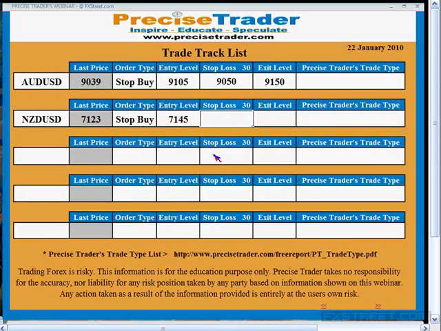This is a stop buy order with 71.05 as our stop, with 71.95 our exit target. So this again is 50 pips, and the risk is about 40, which is then I think a ratio of 1:1, right? So these are the two potential trades which we are looking at.